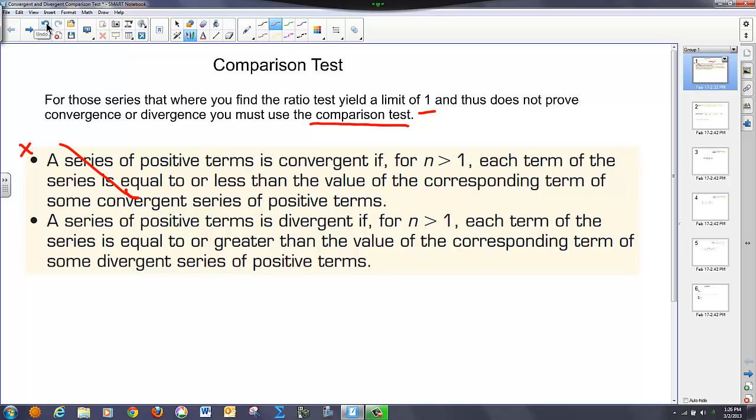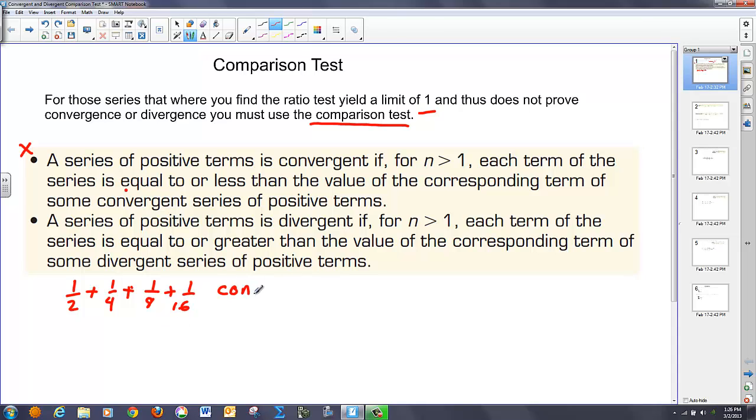Let me give you an example. If I say, here's the value of a half, a fourth, an eighth, a 16th, etc., etc., etc. And this is convergent.